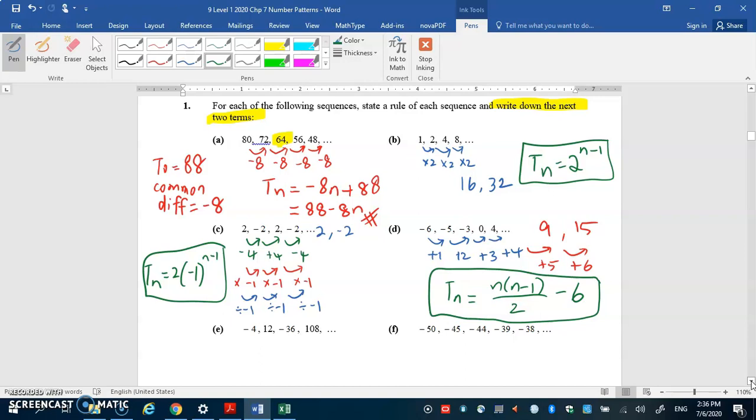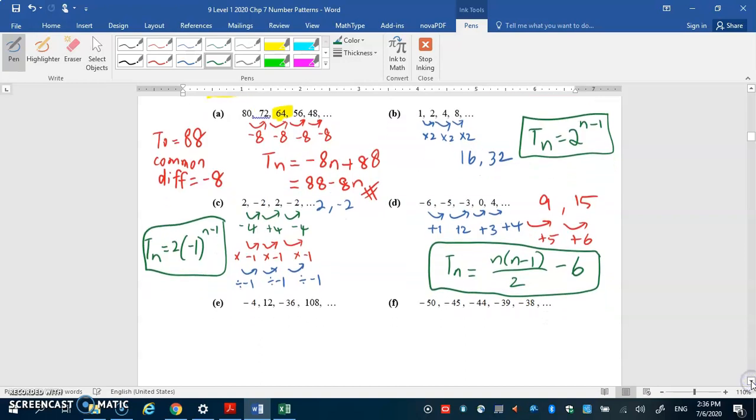It's negative 4, 12, negative 36, 108. So it's pretty straightforward that it's going to be times negative 3, times negative 3, times negative 3. Sorry, I just realized I didn't put a bracket around all these negative ones.